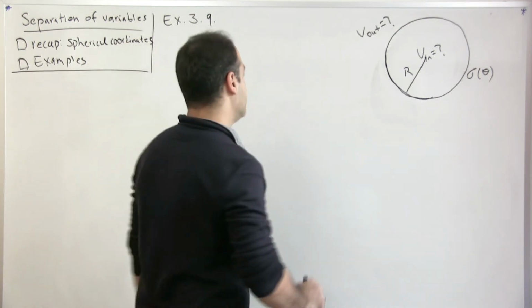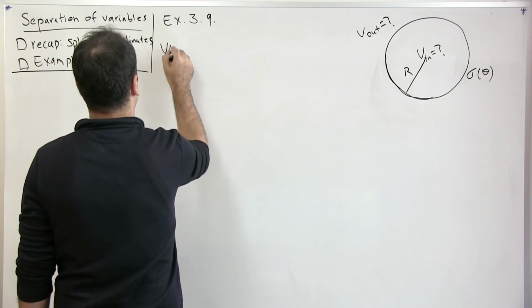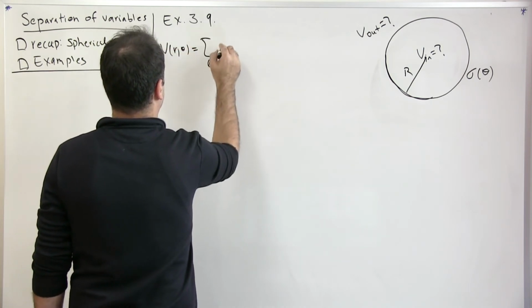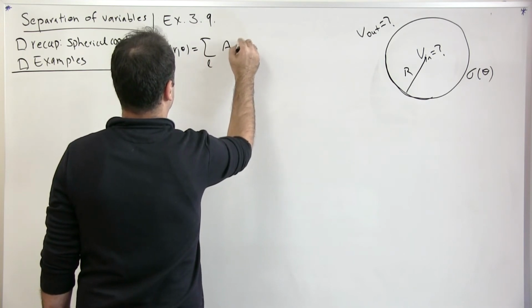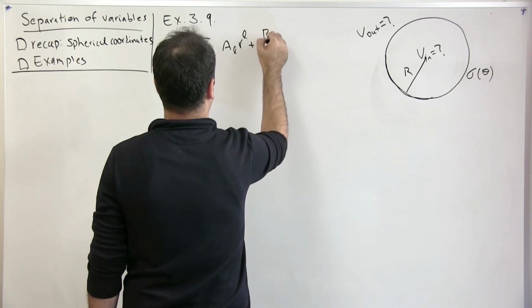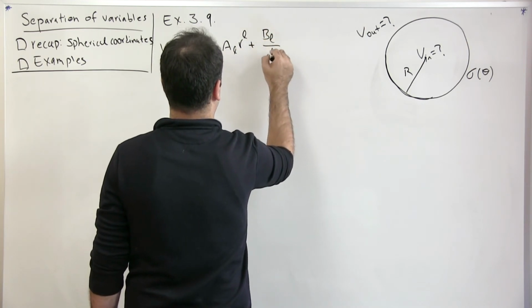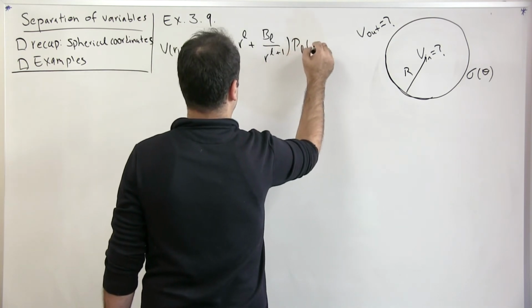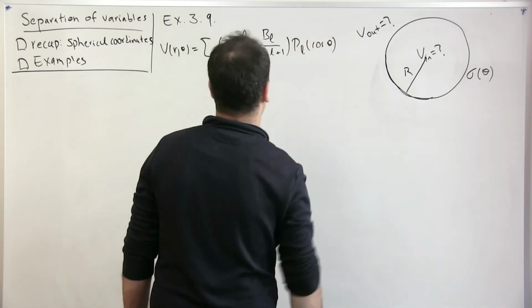If you remember the general solution in theta, the general form had coefficients A_L times R to the L, plus B_L over R to the L plus 1, times P_L of cosine theta.